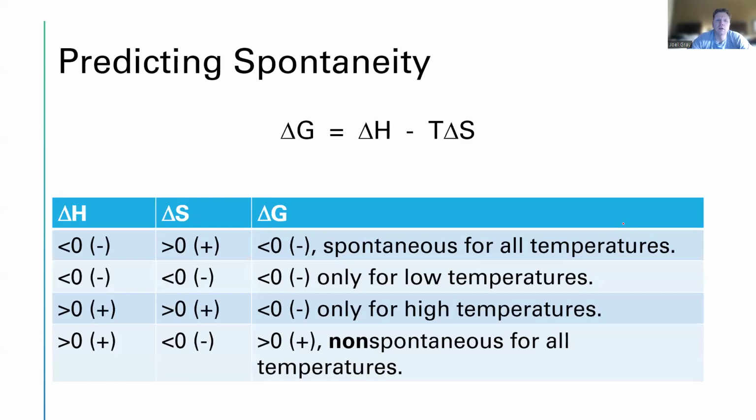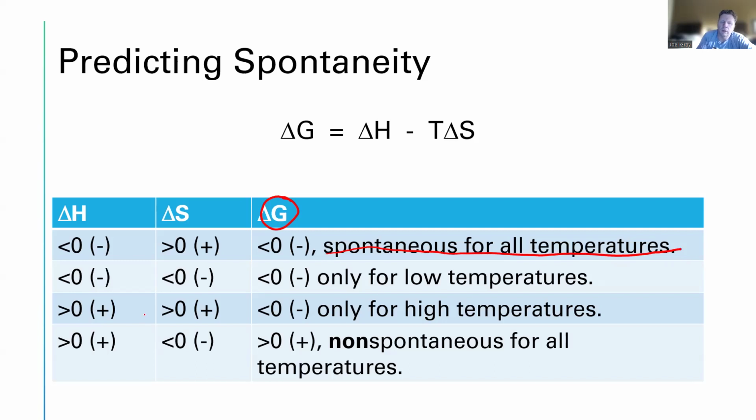Now with that, you can predict whether something is spontaneous or not based on the following table. When delta G is less than zero, that is a reaction that is going to be spontaneous at all temperatures.